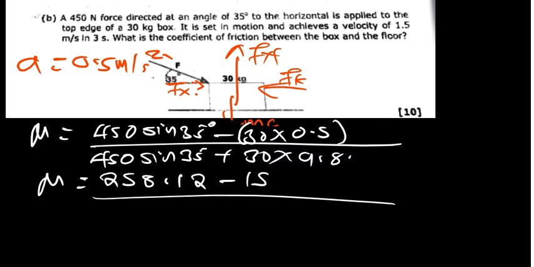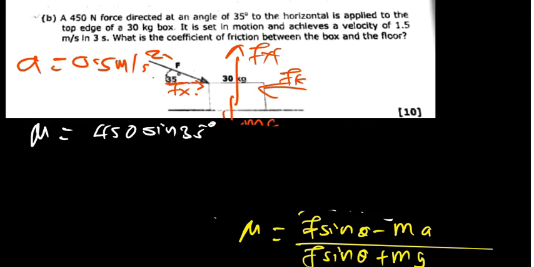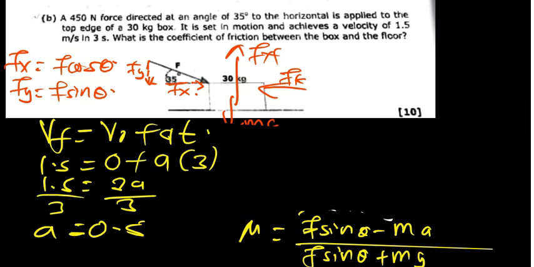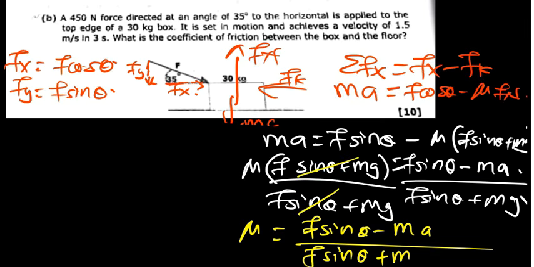Okay, so this one was supposed to be cos. I think the one for fx is supposed to be cos and not sine. So which one was for fx? Let's just see here. The one for fx, I believe it was the one on top there, the one which is f sine theta.